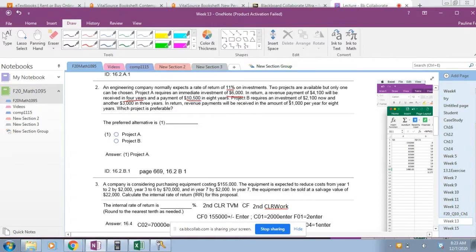For project B, require an investment of 2,100 now and another 3,000 in 3 years. In return, revenue payments will be received in the amount of 1,000 per year for 8 years. Which project is preferable?